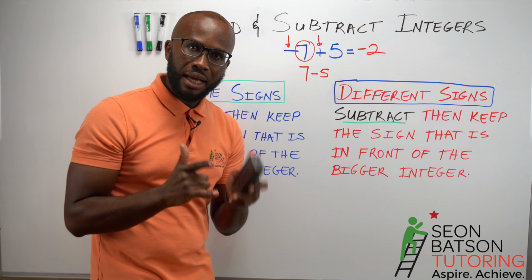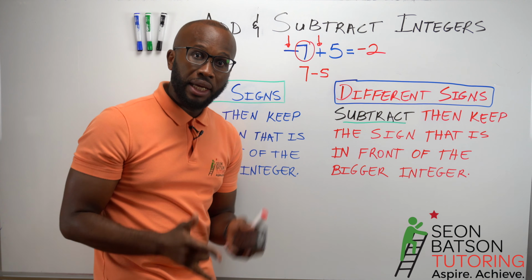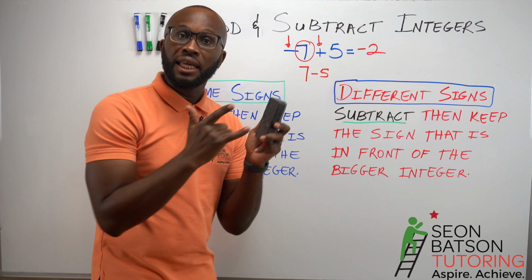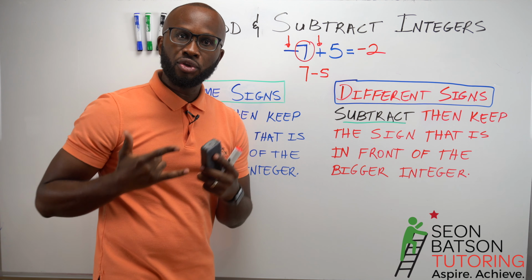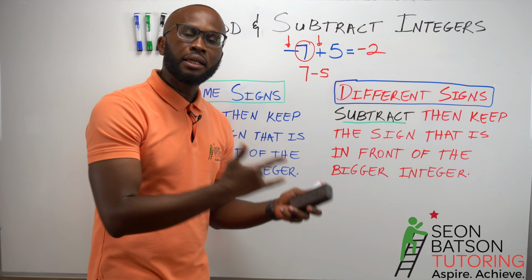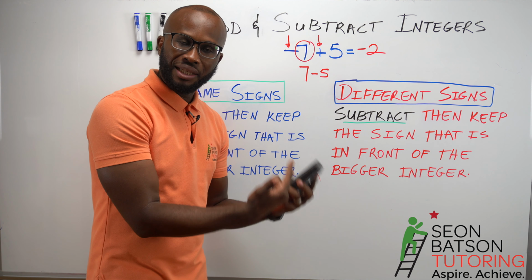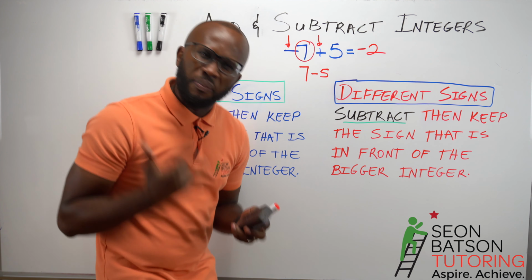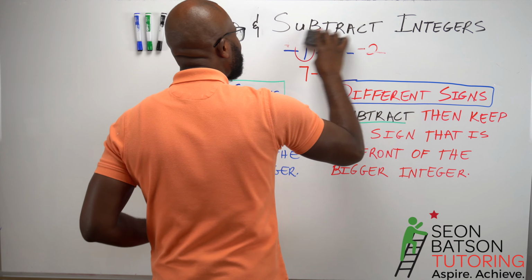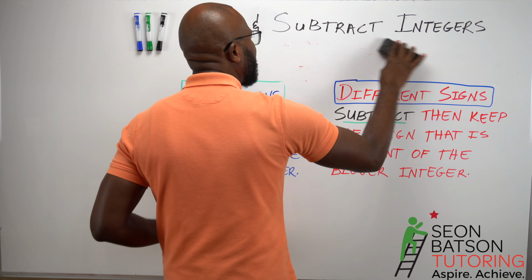Once our problem has 2 signs, we must respect both signs. If the signs are the same, we're going to add. If the signs are different, we are going to subtract. After adding or subtracting, we will simply keep the sign that's in front of the bigger integer. So far, so good? Perfect! All right, let's keep the party going.